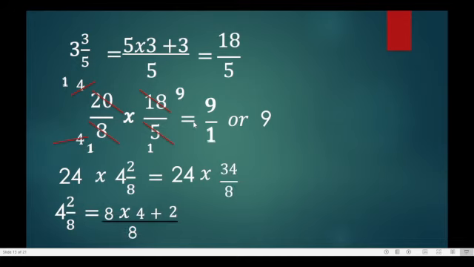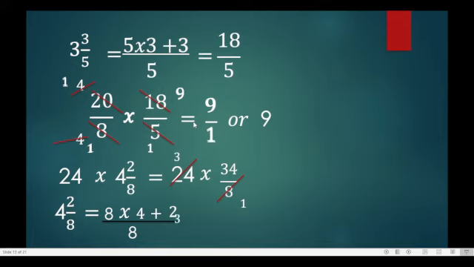So that is 34 over 8. So we can cancel 24 and 8. So 8 and 24, that will become 1 and 8 will become 1, and then 24 will become 3.